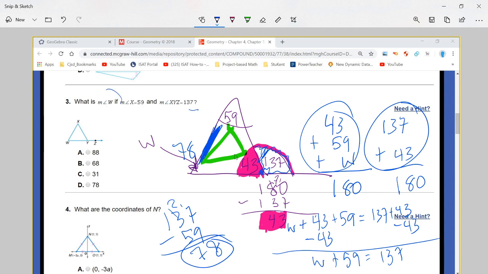So if you know that theorem, you just instantly look at this problem and say 137 minus 59, that'll be W. So the answer was 78. All right, that's the reason why. Together these form a linear pair. By the linear pair postulate they are supplementary, so they equal 180.